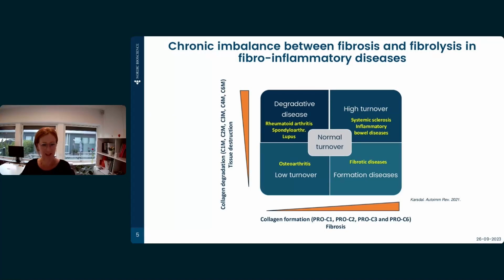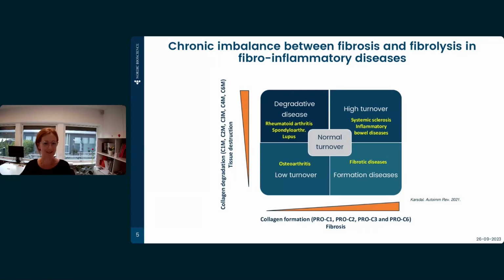You could say these are the clean fibrotic diseases, and here we have the destructive diseases. Then there are the high-turnover diseases where there is both a fibrotic and a fibrolytic component. And we even have diseases like osteoarthritis that seem to be low-turnover diseases.